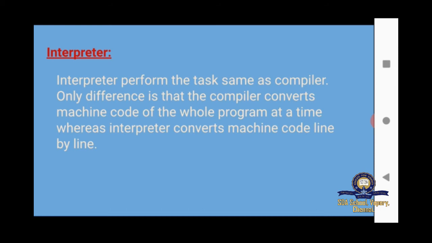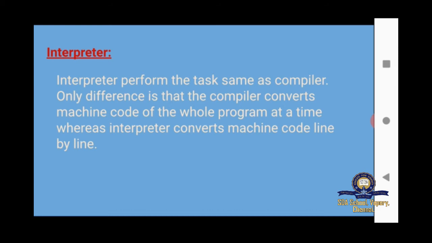It checks line by line, like a teacher checks homework line by line, right? The interpreter also checks line by line and converts it into machine code that the computer can understand. The interpreter performs the same task as a compiler.